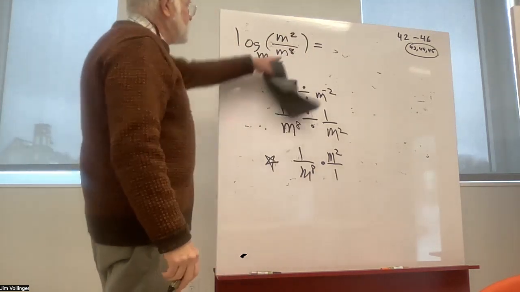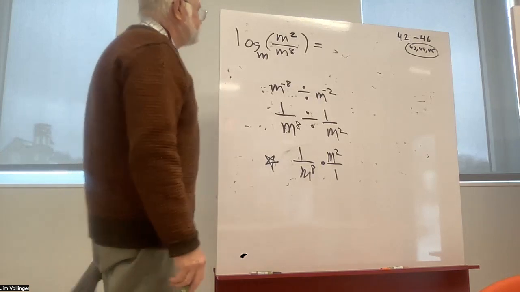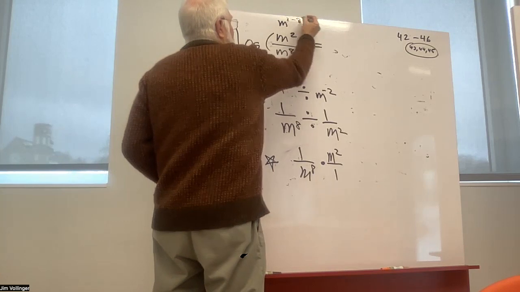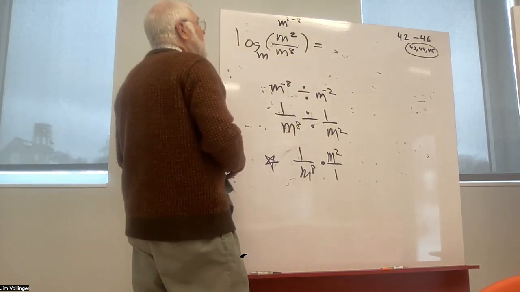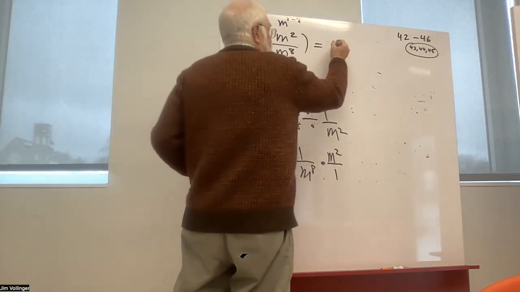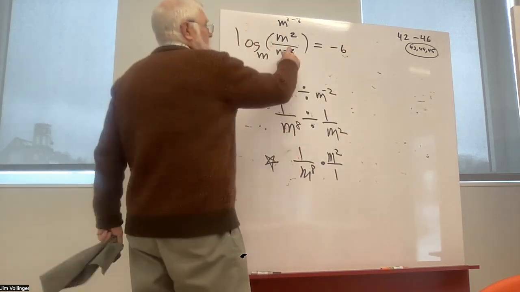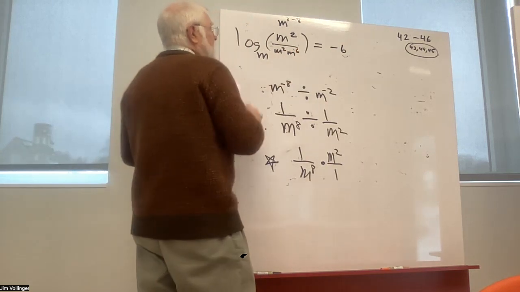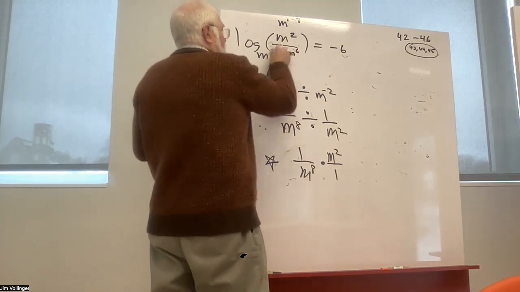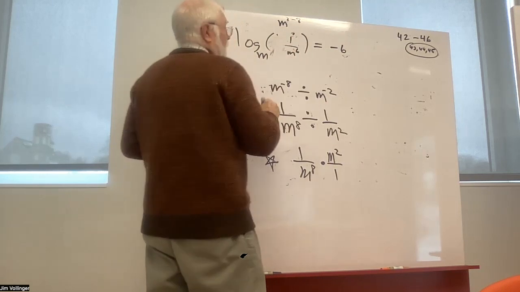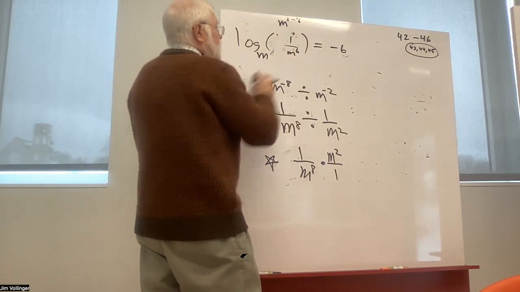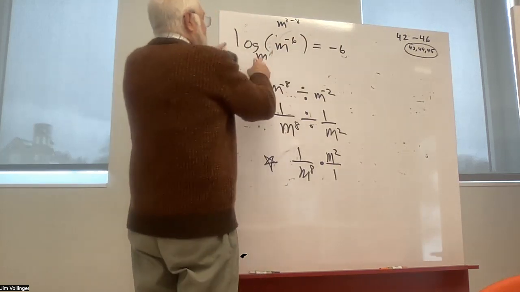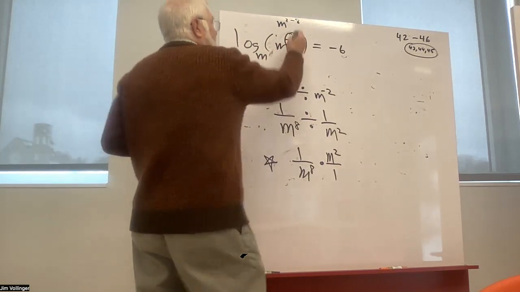And I think there are 6 more in the denominator. So I think that's the same as m to the 2 minus 8, and that's minus 6. In other words, m to the 8 is m squared times m to the 6, and m squared goes into m squared once. And 1 over m to the 6 could have been written as m to the minus 6, and I can see the base m exponential activity. There it is.